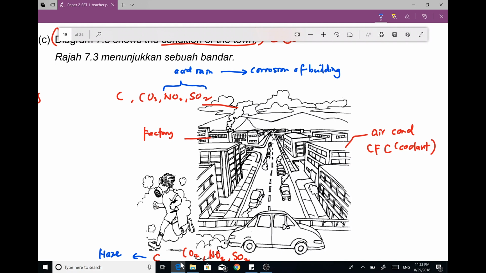It might also acidify the soil, causing the leaching of minerals from soil.